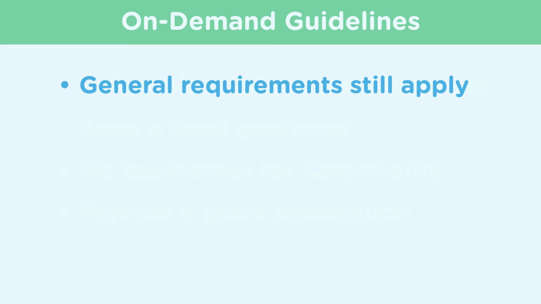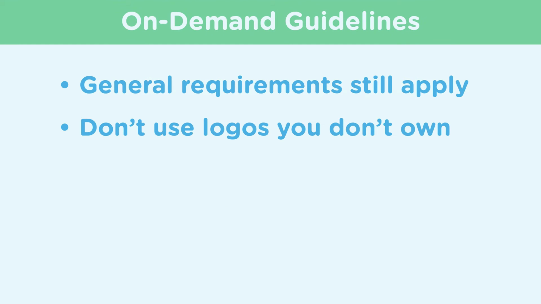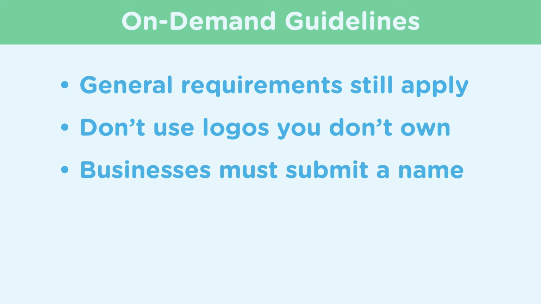Now, there are some guidelines that are specific to on-demand geofilters. However, most of the general requirements still apply, so keep those in mind. First off, if you're submitting a business on-demand geofilter, only use logos that you own or have the permission to use. Also, if you're submitting a business on-demand geofilter, you'll be asked to include your business name along with your submission.